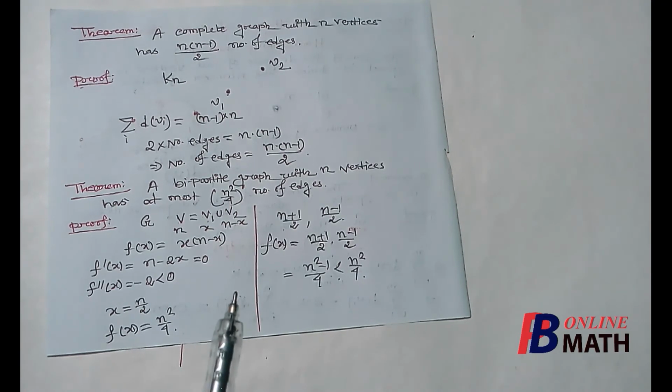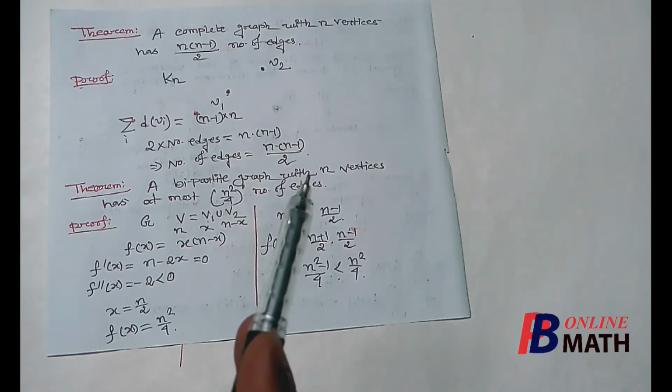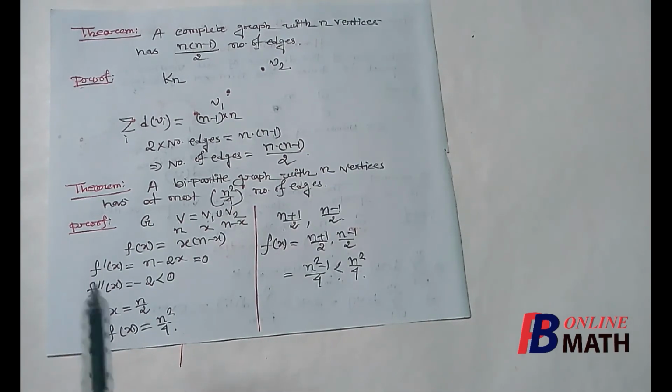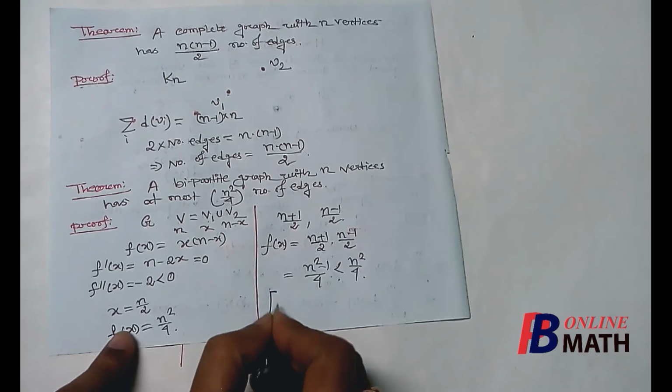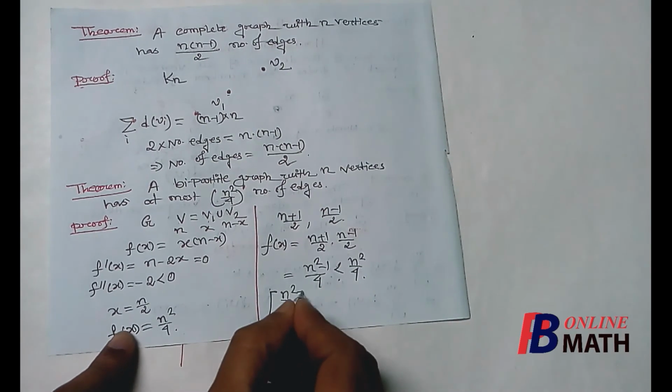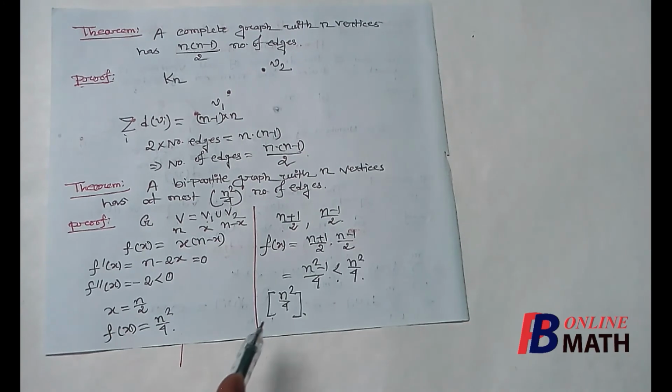So the theorem may be stated like that: a bipartite graph with n vertices has at most the integer value of n square by 4 edges. Actually, this means if this is an integer, then it is n square by 4, but if this is a fraction value, it takes the nearest integer which is less than this number. So that completes the theorem.